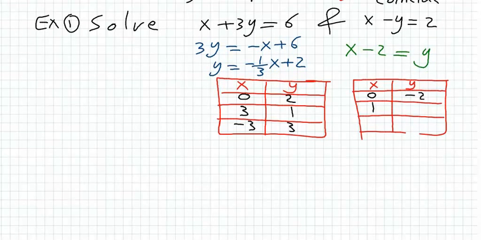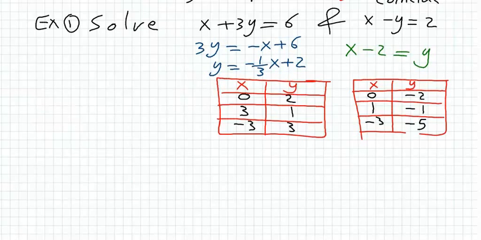Suppose x is equal to 1, 1 minus 2 is minus 1. Suppose x is equal to minus 3, minus 3 minus 2 is minus 5. Now we have 3 points on every line.